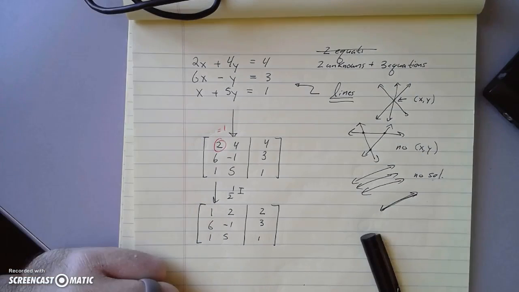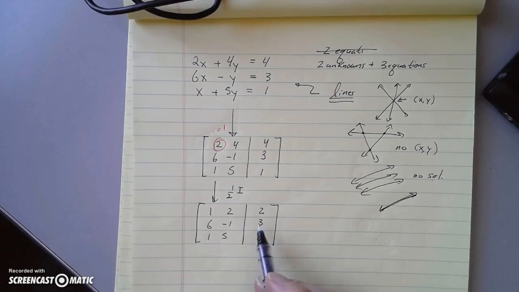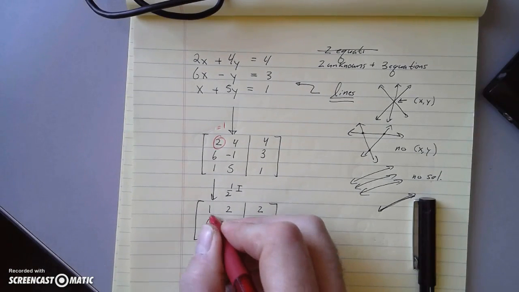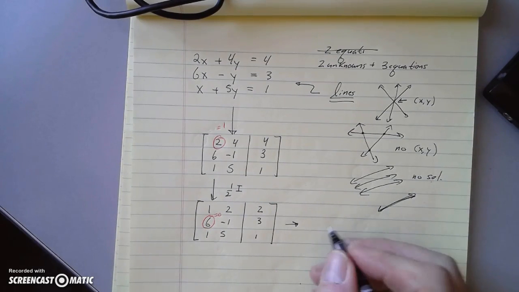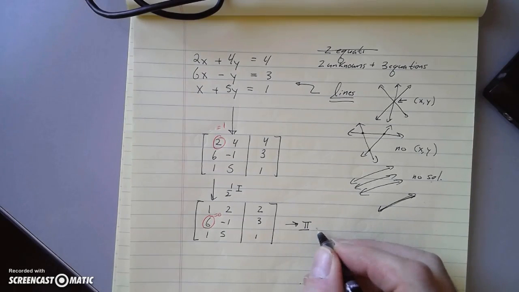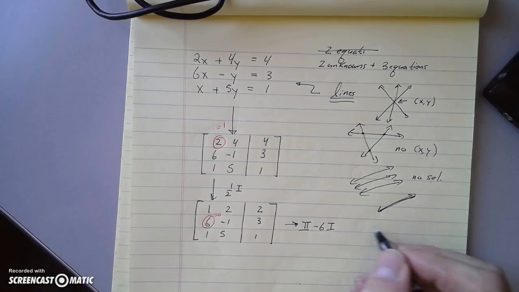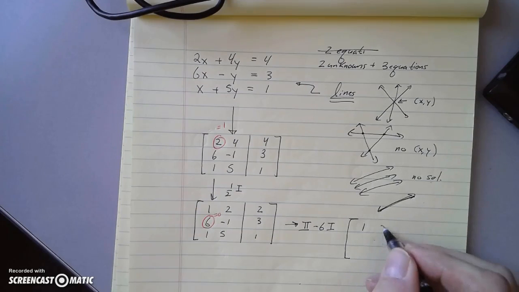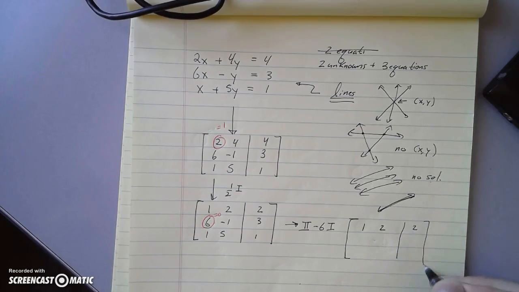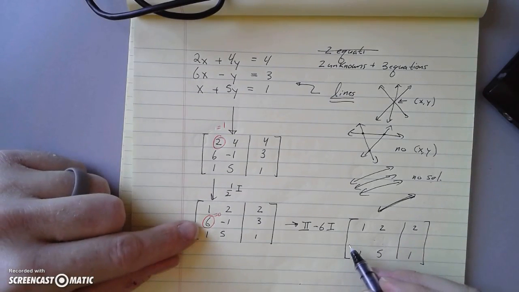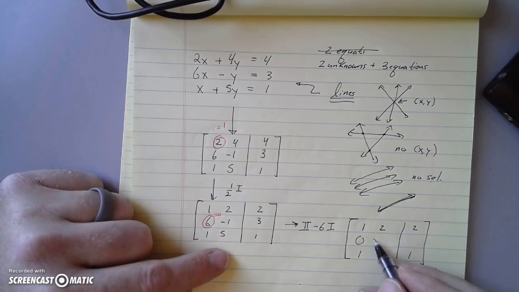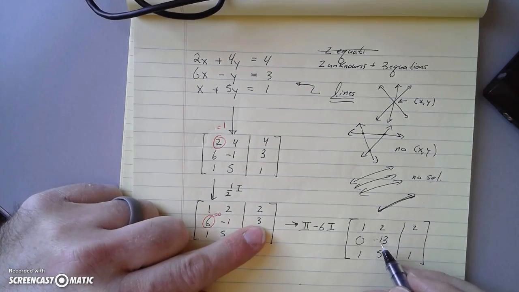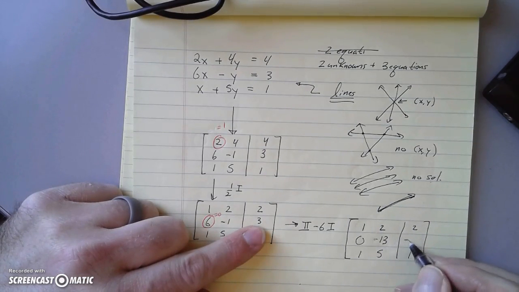All right, so our next goal is to make this equal to 0, which we'll do by taking row 2 minus 6 times row 1. So row 1 does not change, and row 3 does not change. Row 2 has 6 minus 6 is 0. Minus 1 minus 12 is minus 13. And then 3 minus 12 is negative 9.